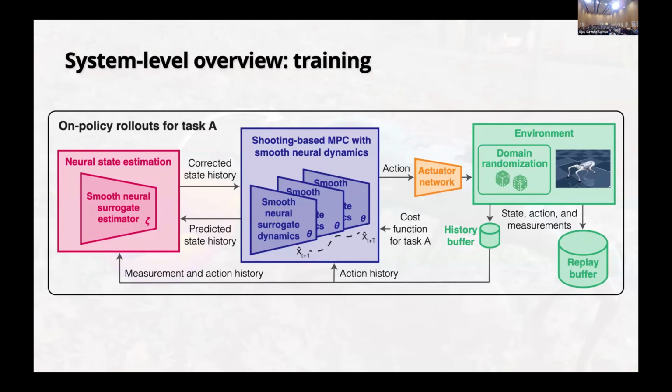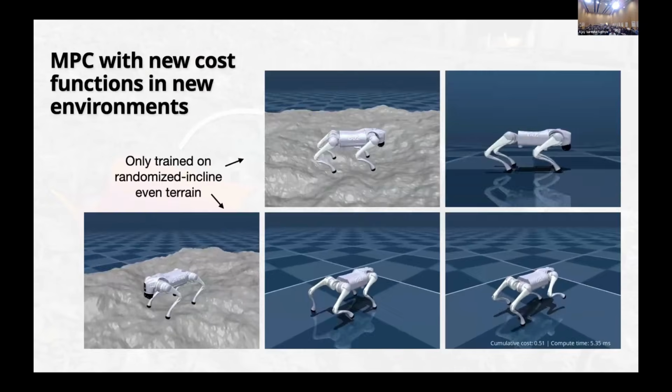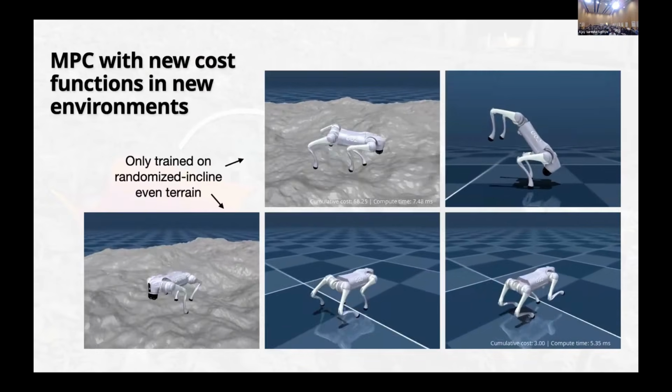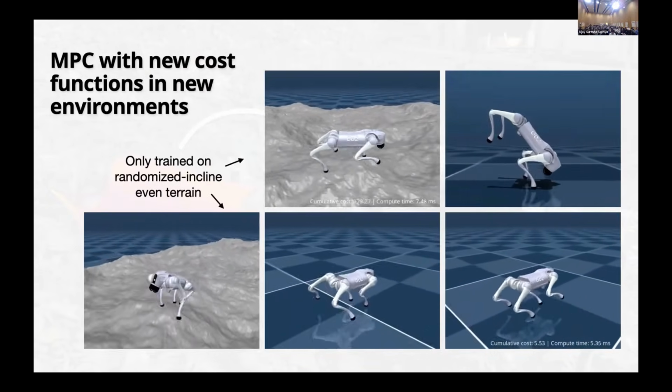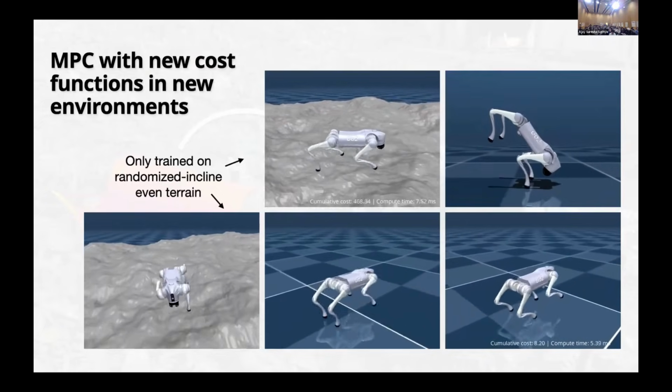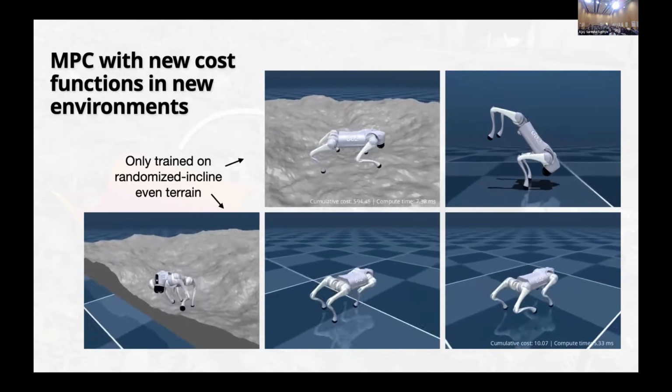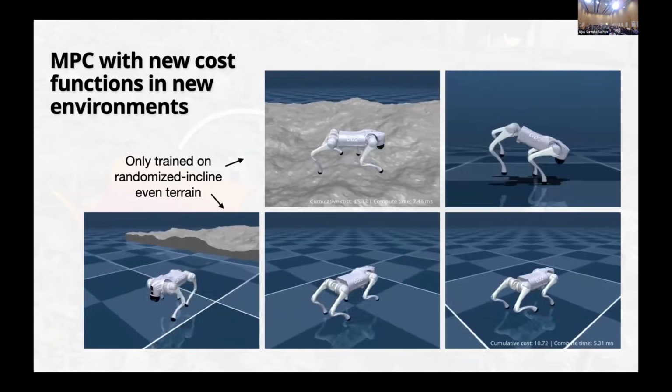But we do something different than classical MPC in that we add domain randomization to help our model learn across the various scenarios it might encounter in the real world. We only train these models on randomized incline terrain, so the terrain is completely flat but at different inclines.